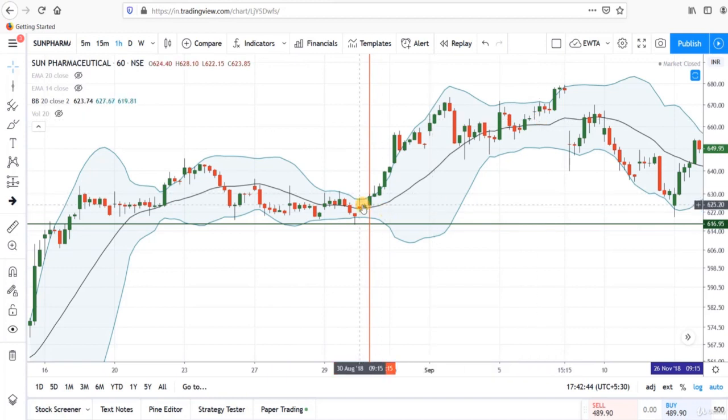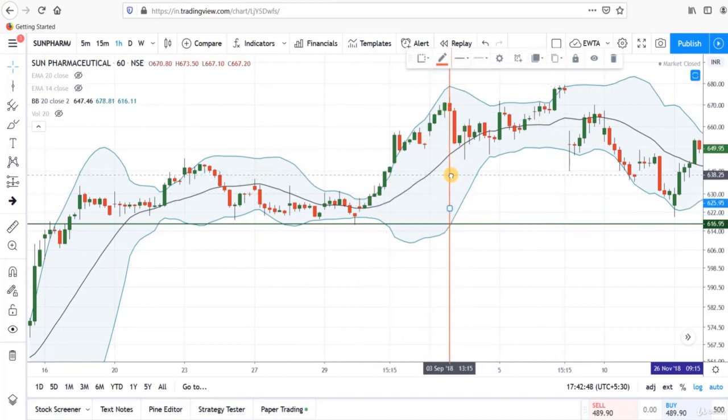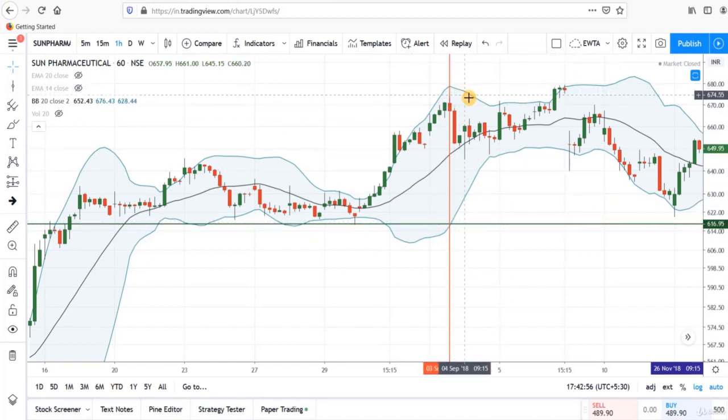Here also you can see after this uptrend, from this point, Bollinger Bands are coming close to each other. See, the upper band is going down and the lower band is going up. So both the bands are coming closer to each other. It means volatility is decreasing and we can get a sideways movement in the prices.